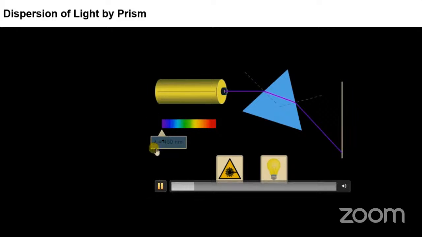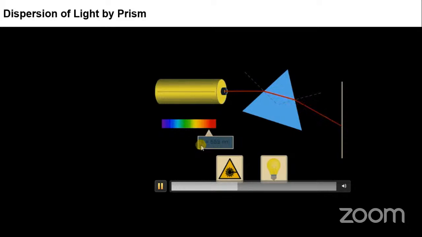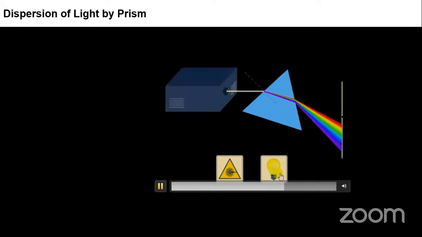We can observe this as I'm increasing the wavelength from the violet to the red color. The light color is changing, plus its emergent ray deviation is changing. If I see the white light, you can see a pattern VIBGYOR. So I'll conclude that if this is the normal, the violet's emergent angle is this.